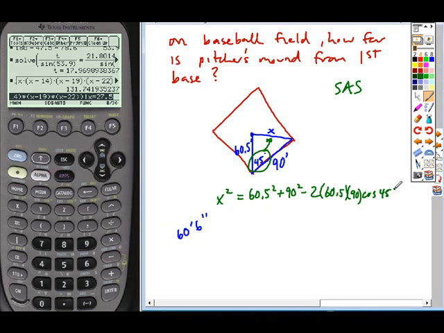Is this one you can use the solver on your TI to solve? Remember, the one you can't use it for is unknown angles. For unknown sides, you can. So we can go ahead and just enter this in our calculators.